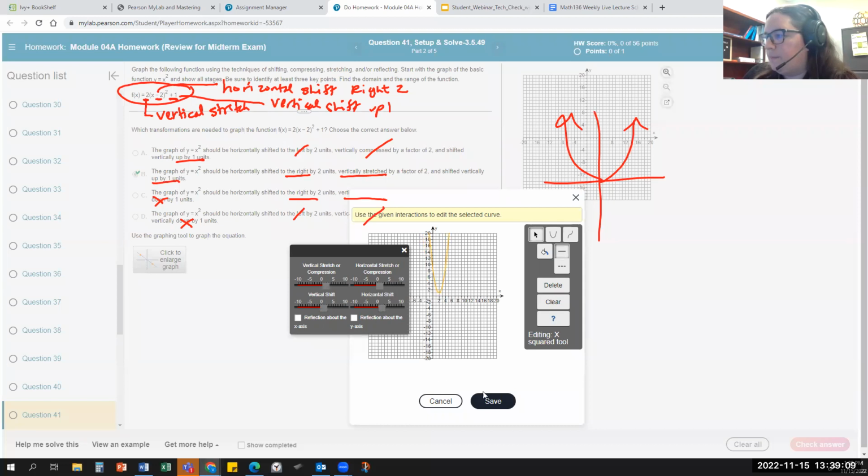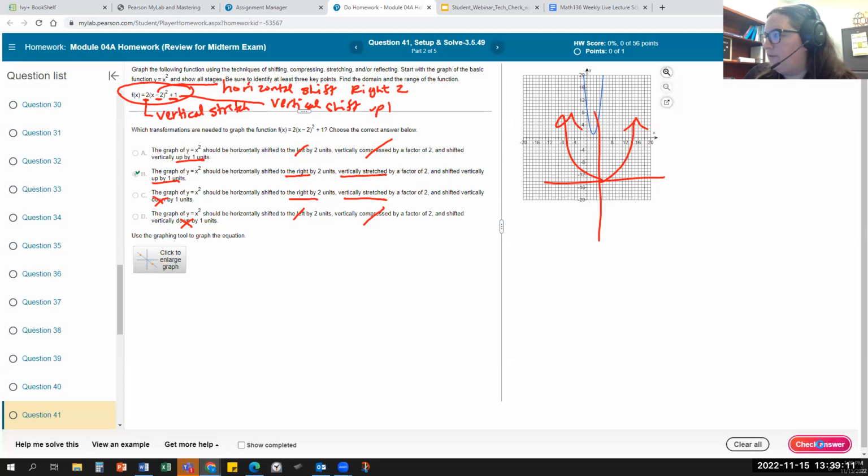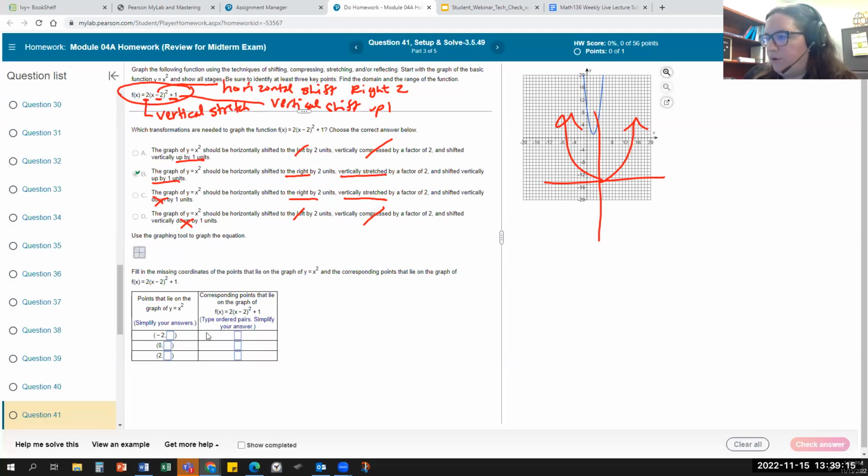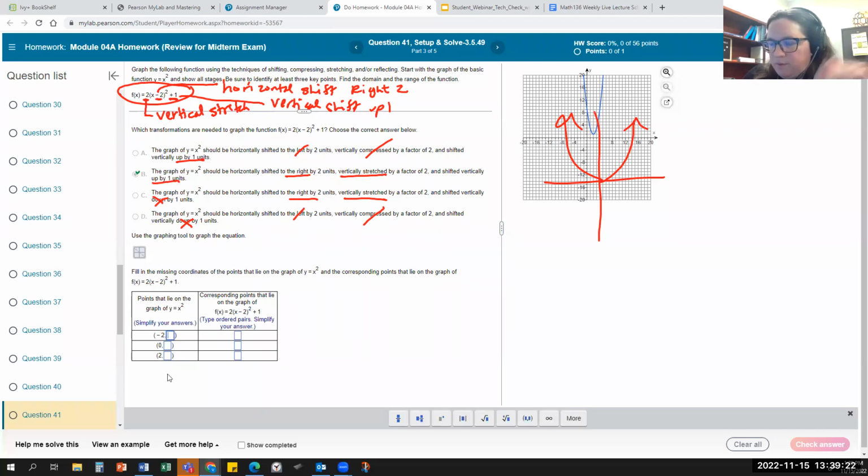Okay, so we have the graph. But then it asks about the coordinates. They've picked 3 points on the graph of x squared. For the first column, I'm just filling in the square. So -2 squared is 4, 0 squared is 0, 2 squared is also 4.